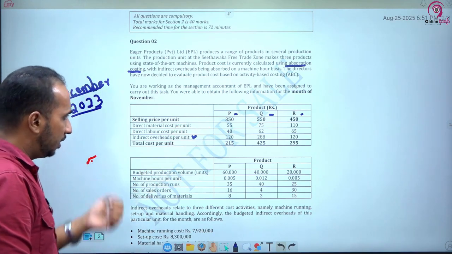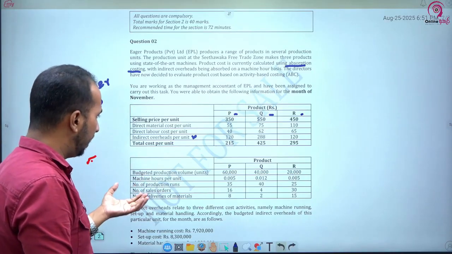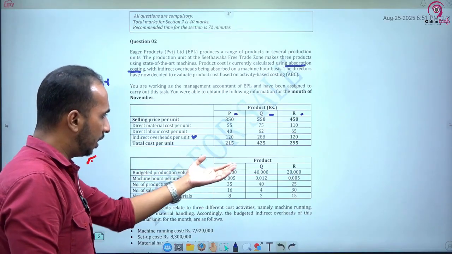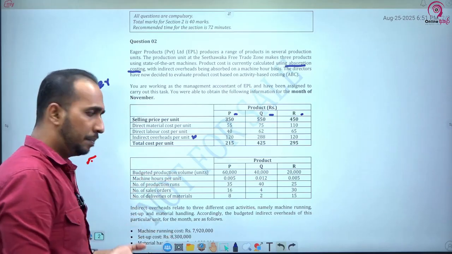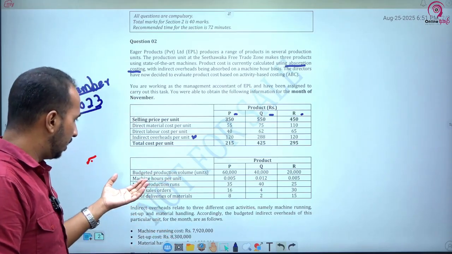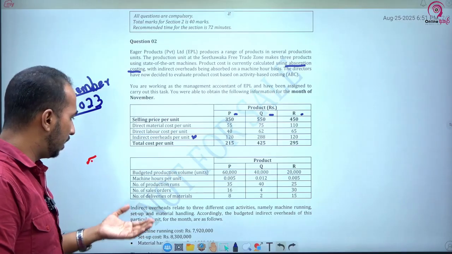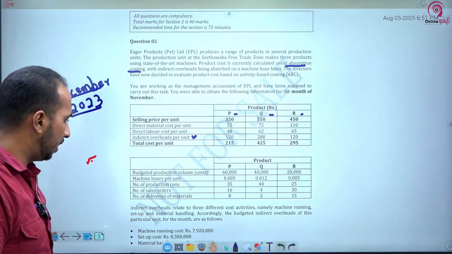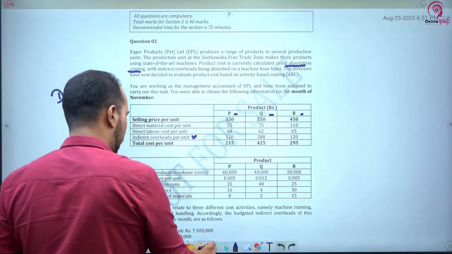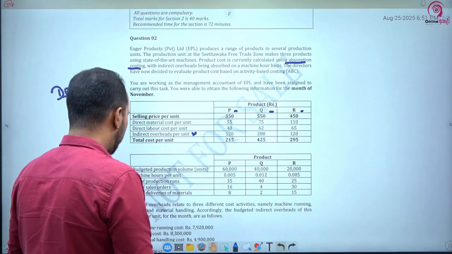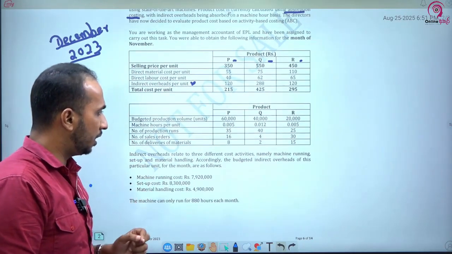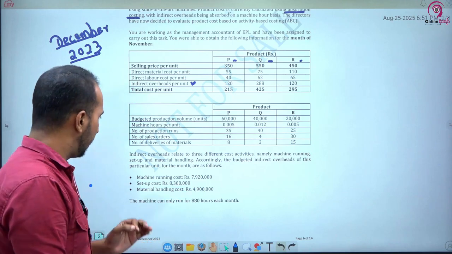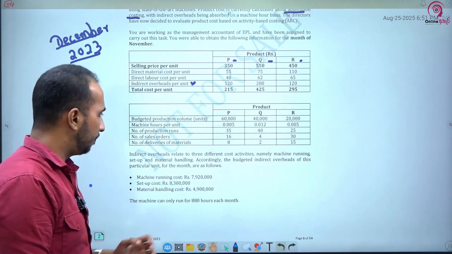Right. Then they have given some other details. See, when it comes to products P, Q, R, the budgeted production volume is there, machine hours per unit is there, then number of production runs, number of sales orders, number of deliveries of material. Likewise, there is various information. And then see, indirect overhead relates to three different cost activities, namely machine running, setup and material handling.